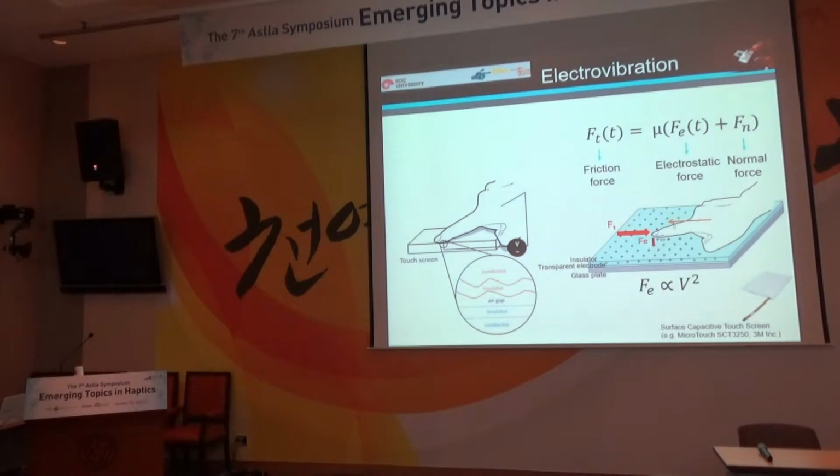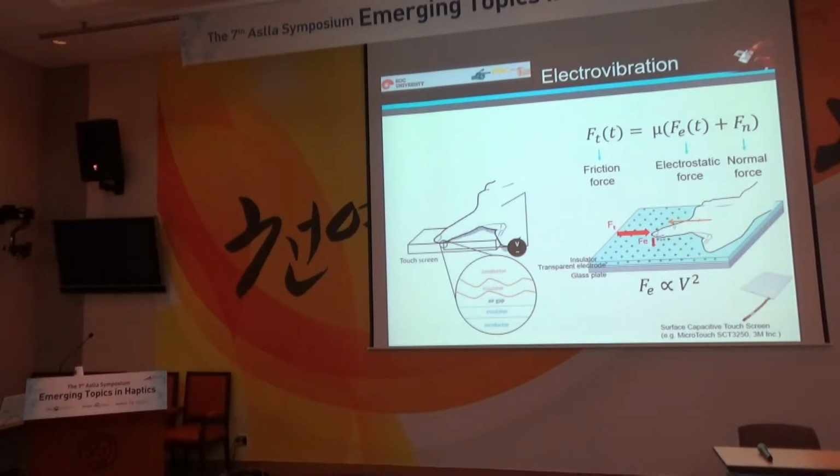Similarly, on the finger side, the stratum corneum, the outermost layer of your finger, acts like an insulator, and the inner layer serves as a conductor. Electro-vibration works because your finger is also a conductor.